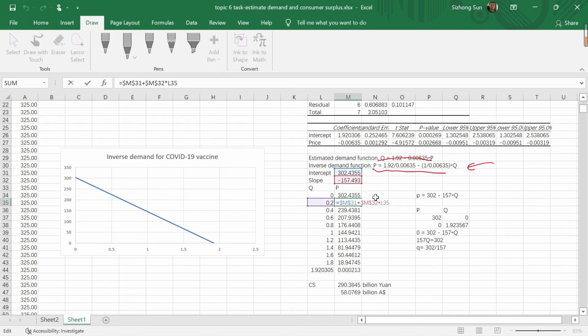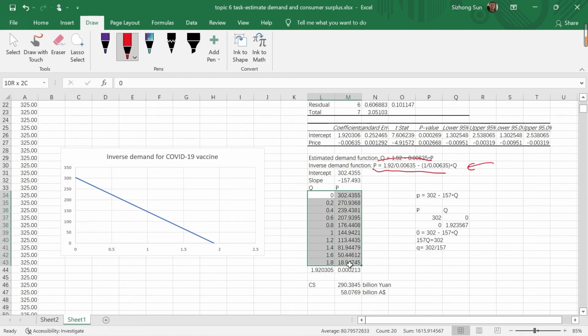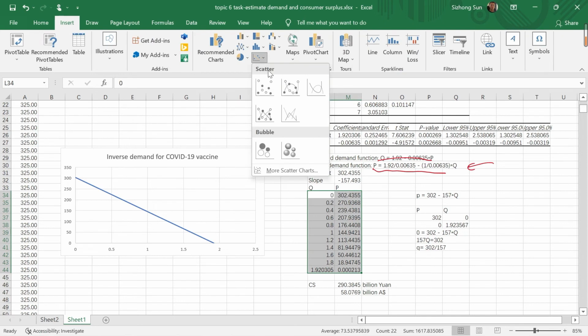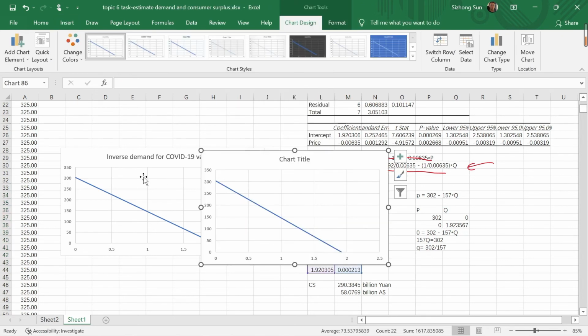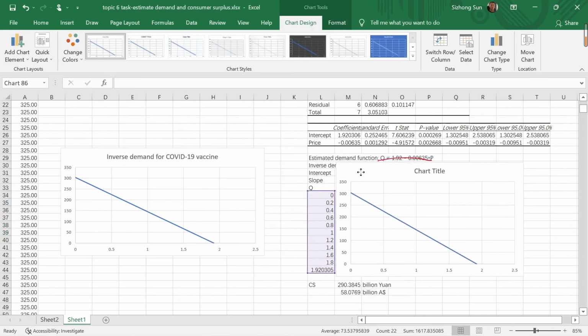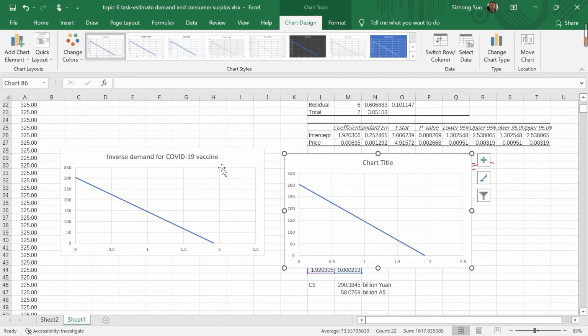Using the inverse demand function, it would be 302 minus 157.493 times 0.02, and so on and so forth. I got this data. I can draw, insert, scatter plot of this, and that's what I already drew here.